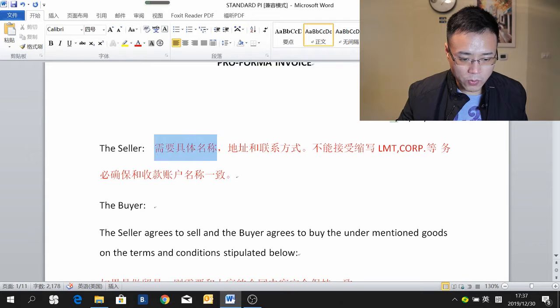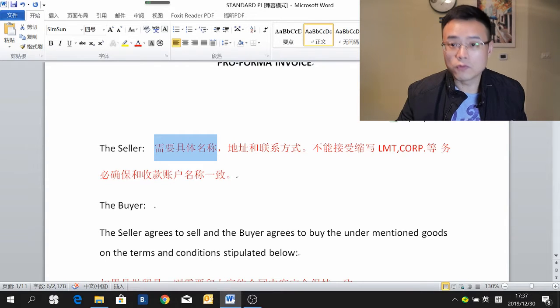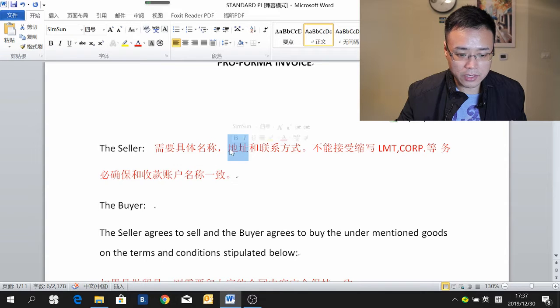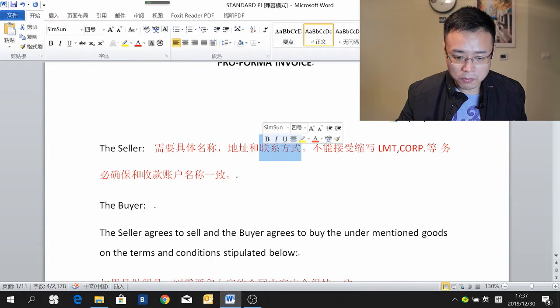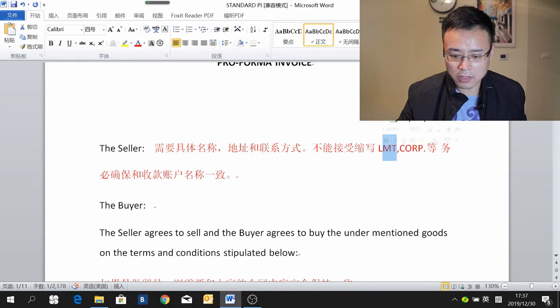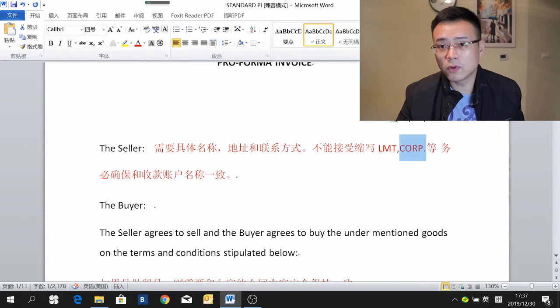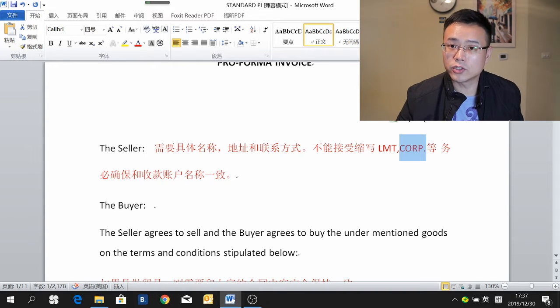We need to show exactly your full name, the seller's full name, and detailed address and detailed contact numbers, including landline and fax number. Do not use short forms like LMT instead of Limited, or Corp. instead of Corporation, because if you put a short form, it's going to confuse the buyer when they issue the LC.